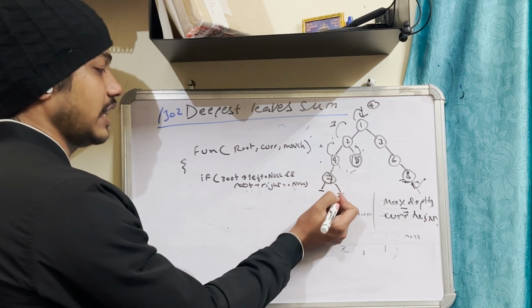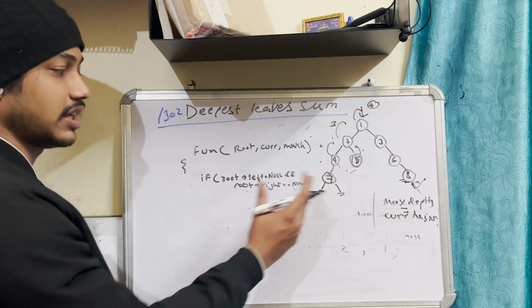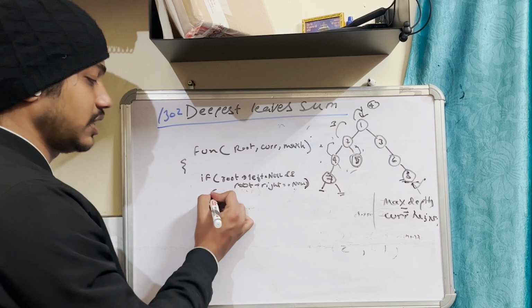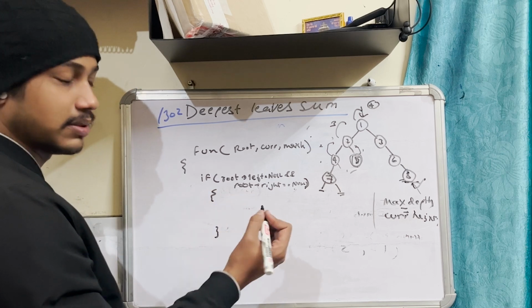If left is null and right is null, what does it mean? That it is a leaf node. It doesn't mean it is the deepest leaf node, but it is a leaf node. So we want to check if it is the deepest or not.